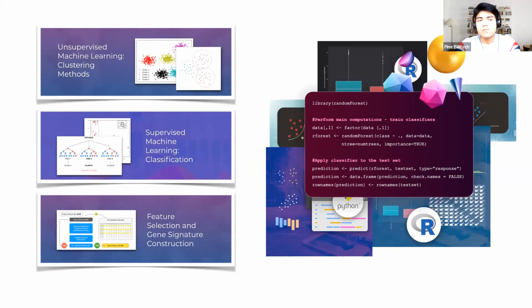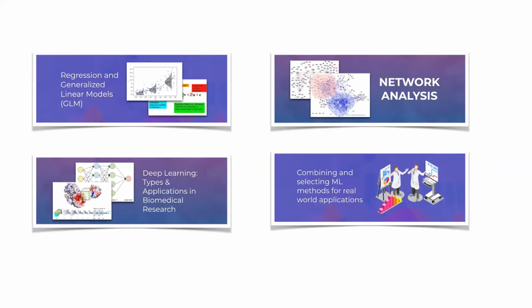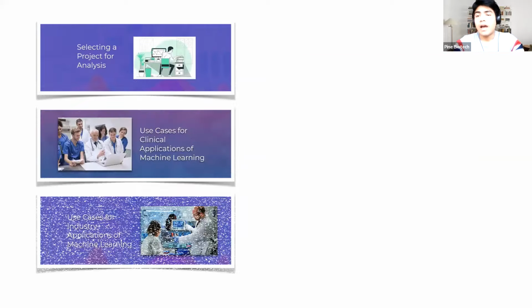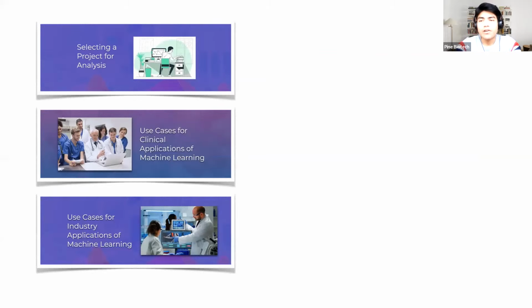Through these programs, we help students understand the concepts behind unsupervised machine learning, various clustering methods, supervised machine learning, feature selection, regression models, deep learning, network analysis, and also combining various strategies for machine learning in general. We also have a special design of delivering training programs, which includes a hands-on aspect as well as project-based learning.